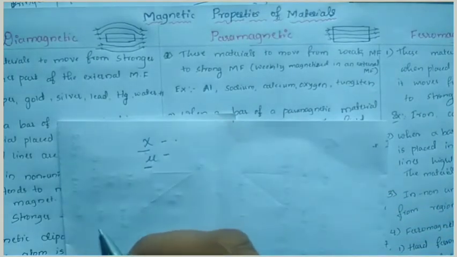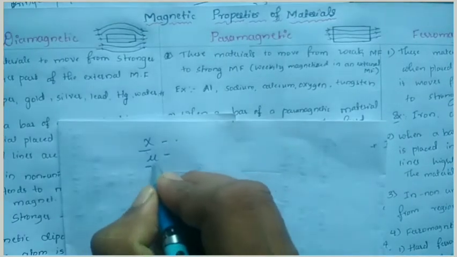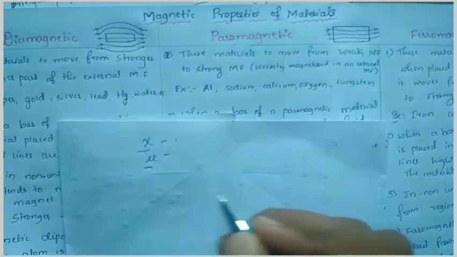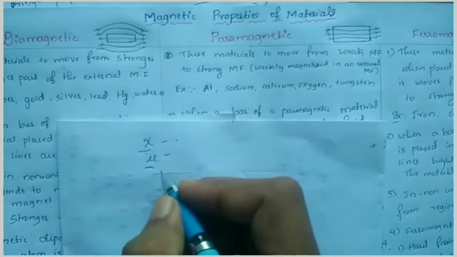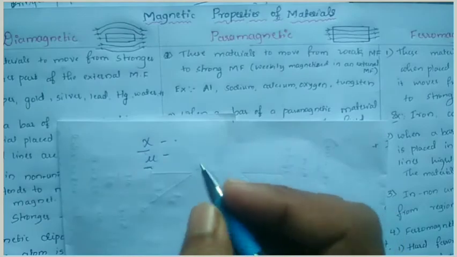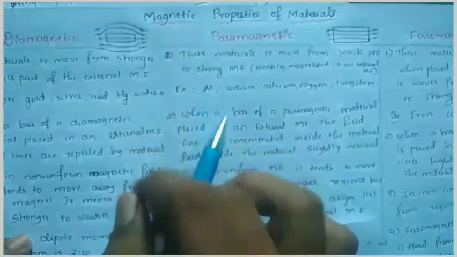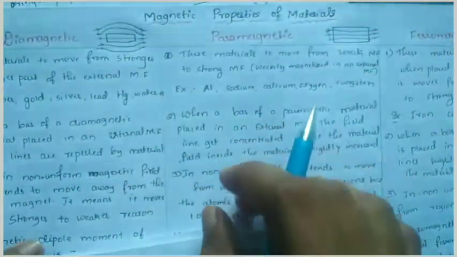And mu is the conductivity of the magnetic field lines, the number of field lines that pass through a material, called permeability. So based on susceptibility and permeability, we classify these three types.